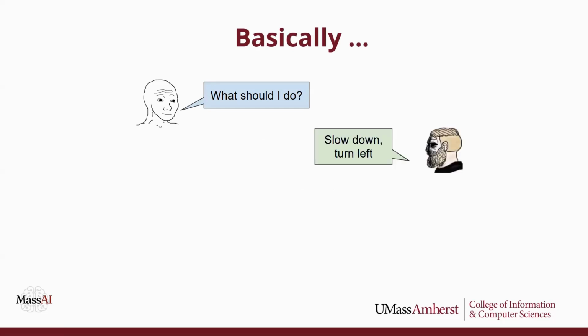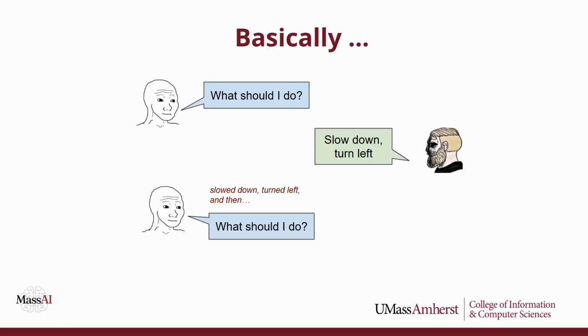And maybe the expert would say, okay, slow down, turn a bit left. And the Wojak would say, okay, I will slow down, I'll turn left. Now I get to a new state. What should I do? And this conversation goes on, and that is how we collect the trajectory of the expert.